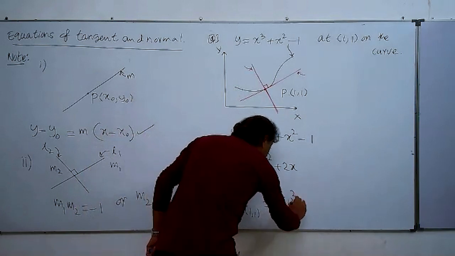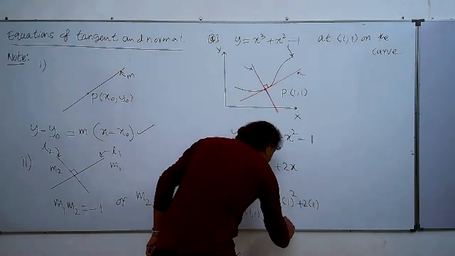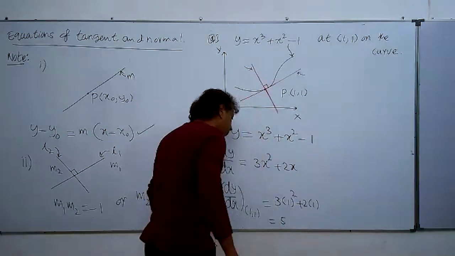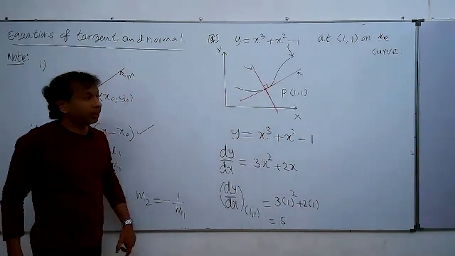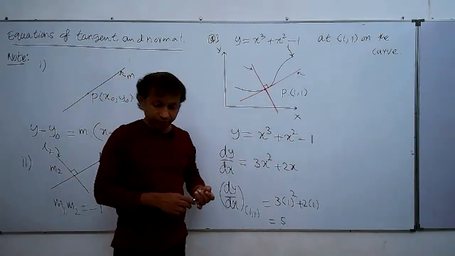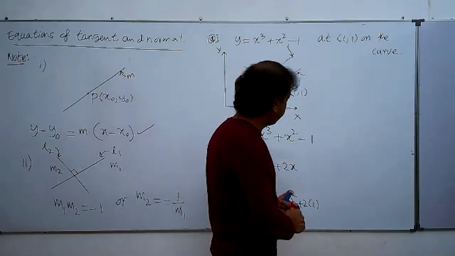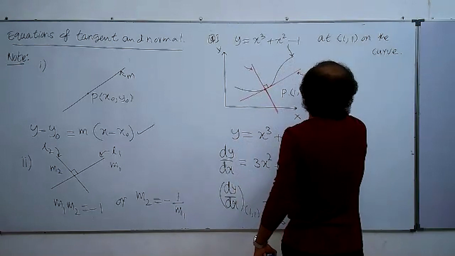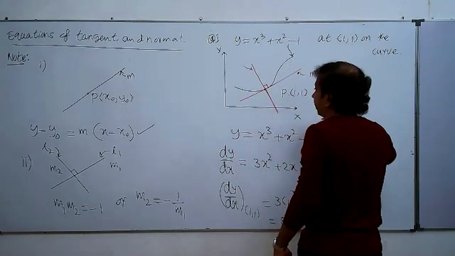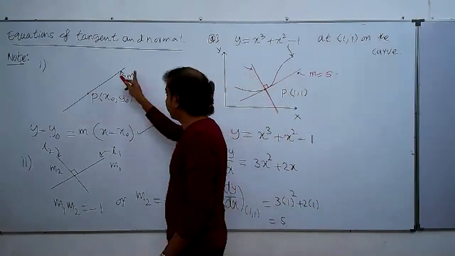3 into 1 squared plus 2 into 1. This is 5. The gradient of this tangent is, people, 5. Then you can write the equation of the tangent by using this.